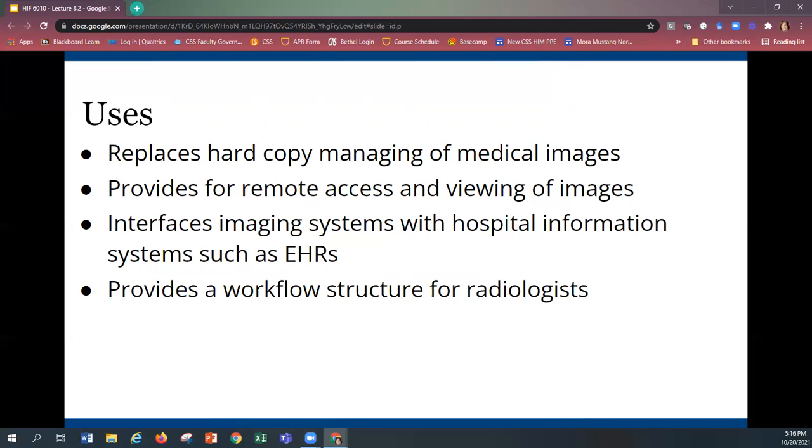PACS also provides an important interface of imaging systems with hospital information systems such as EHRs, and PACS can ensure that all images are available and accessible in one place. Finally, PACS systems can provide a workflow structure for radiologists to ensure they're following a consistent process and checklist during patient exams.